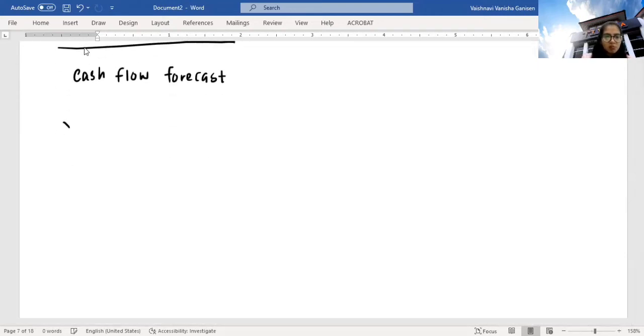You have month: January, February, and March. Cash inflow.